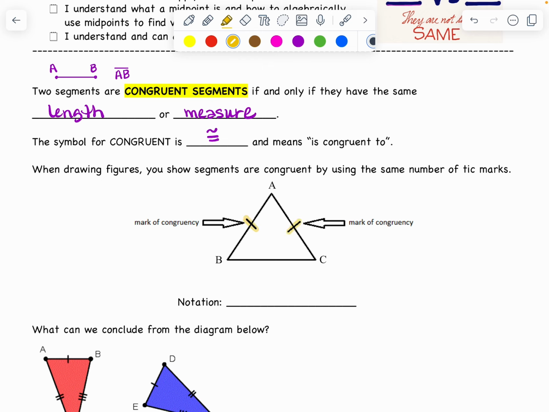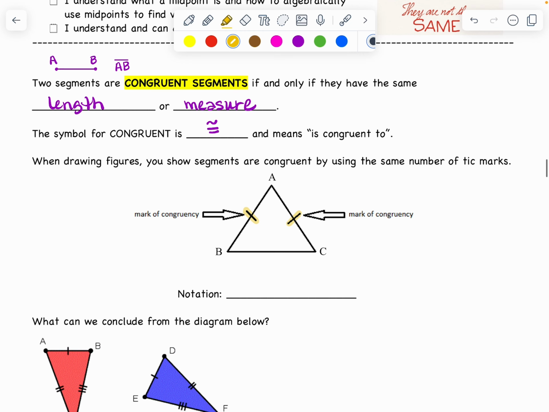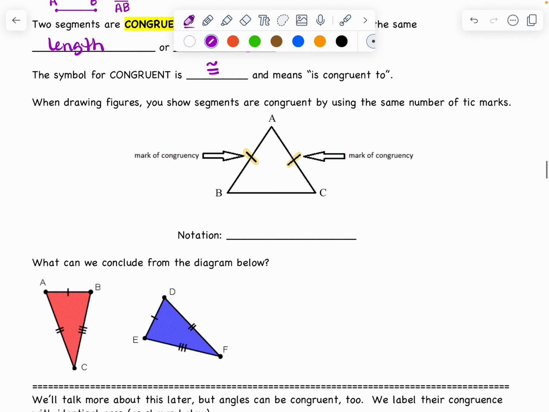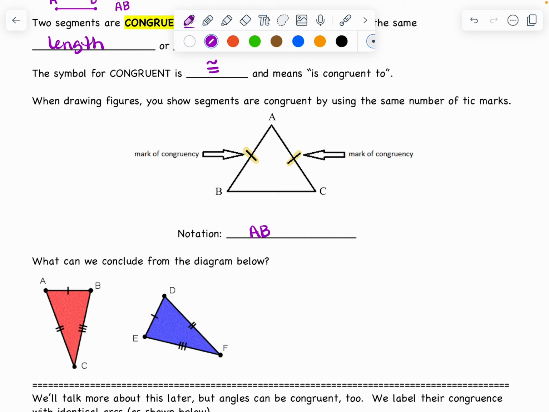These little tick marks right here, because each one of those segments has 1 tick mark, that is telling us that those 2 segments are congruent to one another, right? So they're the exact same length. So notation-wise, I would write segment AB is congruent to, using our new symbol, segment AC. Okay, and so that's how we use our congruency symbol.